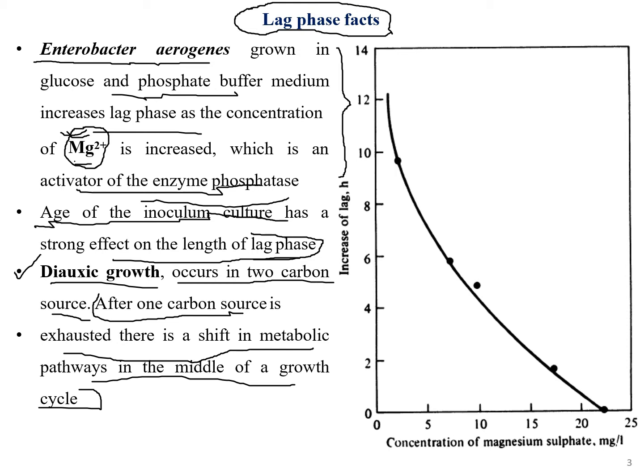That is diauxic growth. It carries its growth on two different carbon sources in the same cycle. It does not let the cycle stop, it does not stop growing, and it does not lead to death, but remains active by shifting to a different carbon source. So this was about the lag phase facts.